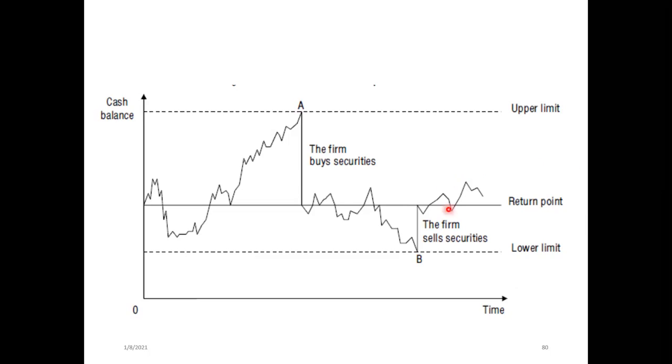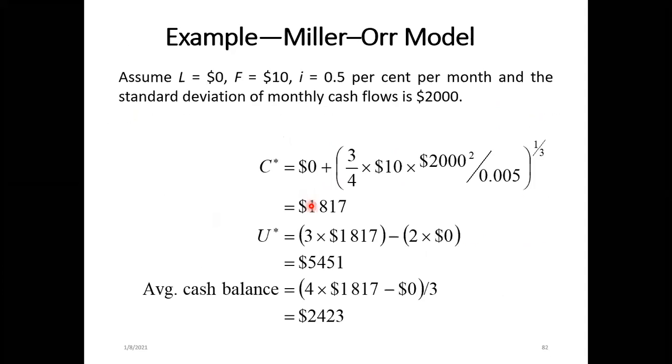What's the value of the return point here? 1817. And the upper limit is 5451. And the average balance is in between the upper limit and the return point, right? Any questions?